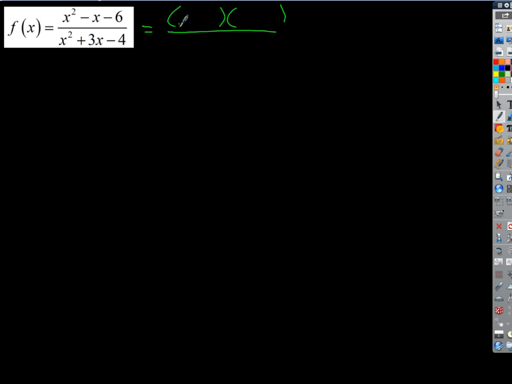What numbers multiply to -6 and add to -1? Okay, everybody good with that? What about the bottom? Oops, positive for -1, is that right?